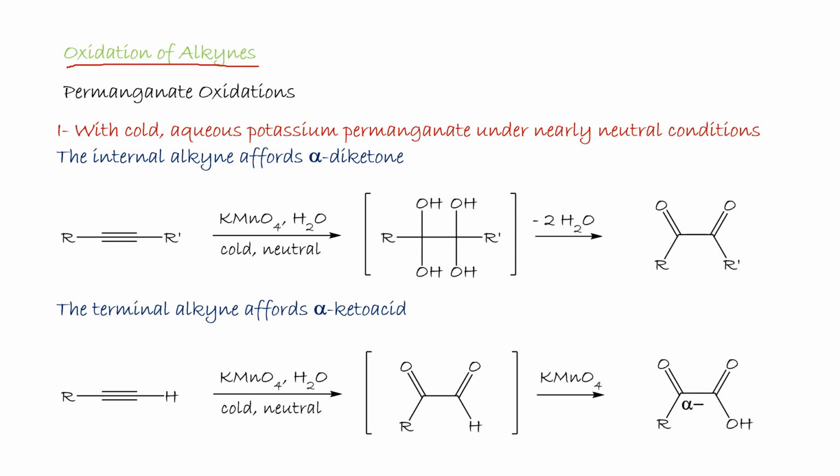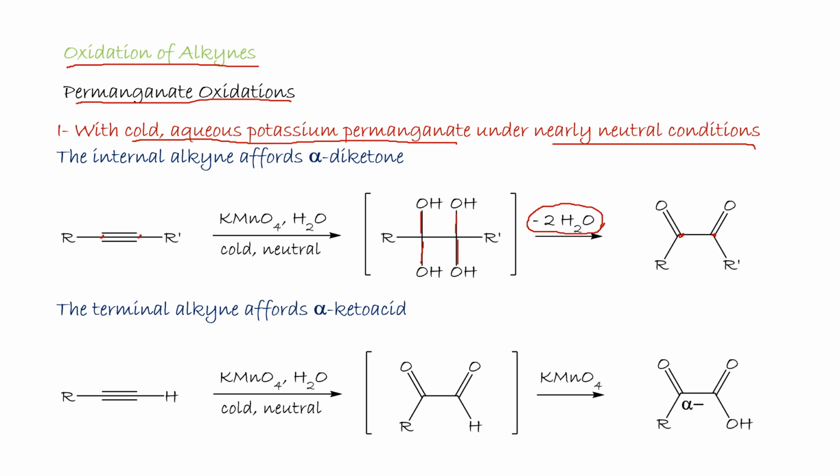Oxidation of alkynes. Permanganate oxidation. First condition, cold aqueous potassium permanganate under neutral condition. If you use that, then you add OHs on the carbon-carbon bond. So it will be OH, OH, OH, OH, followed by dehydration, elimination of 2 molecules of water to form 1,2-diketo compound.